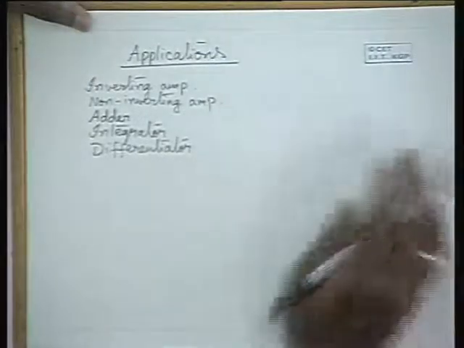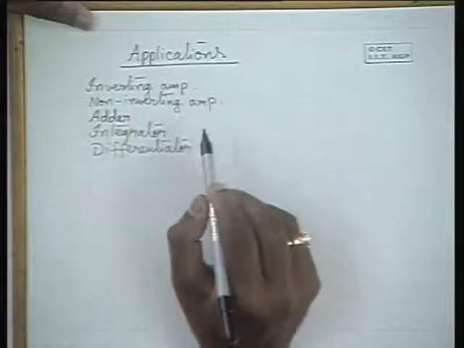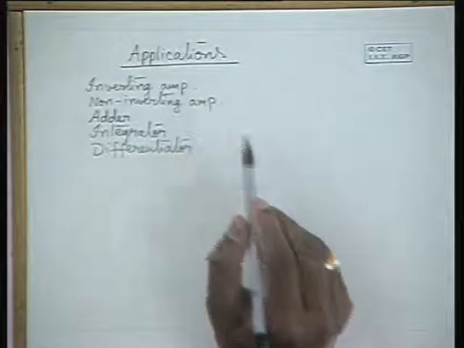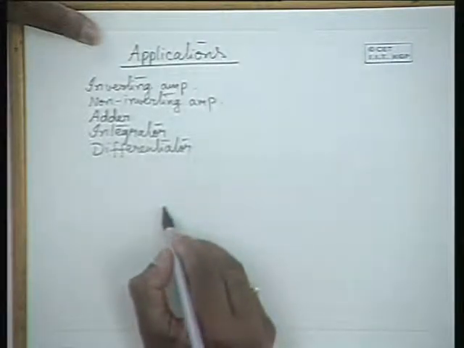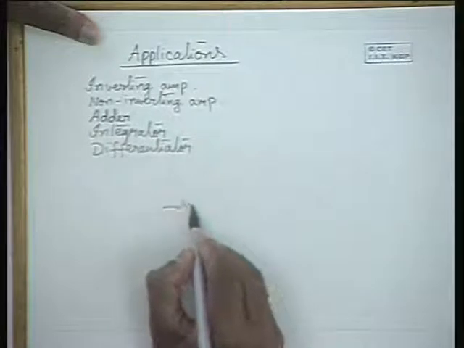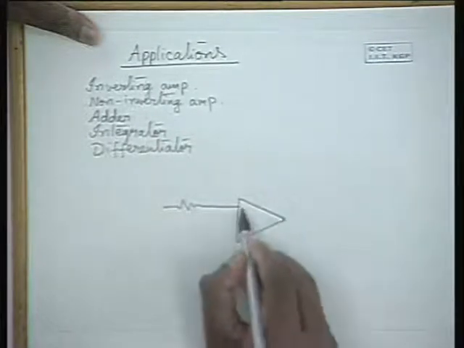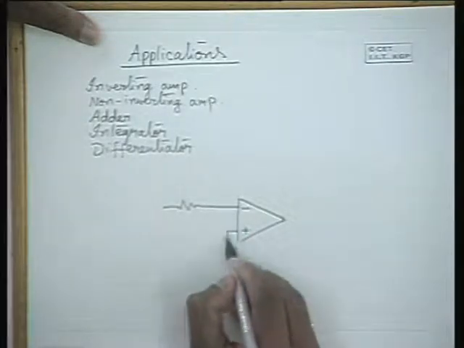And usually the inverting and non-inverting amplifier application is based on feedback principles. Let us analyze an inverting amplifier circuit. So this is the operational amplifier, this is the inverting terminal, and this is the non-inverting terminal.